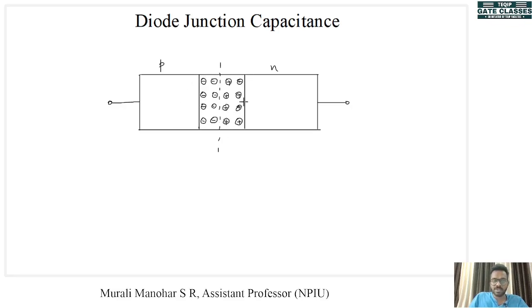There are no majority charge carriers, or there are no carriers in this depletion layer. That means the resistance of this depletion layer is very high compared to these p and n type materials. So at the p we will have holes, n we will have electrons.